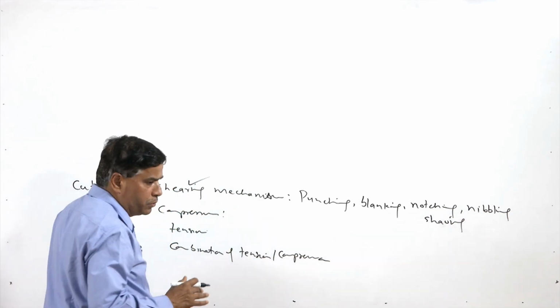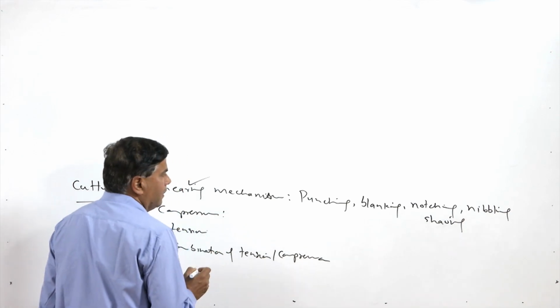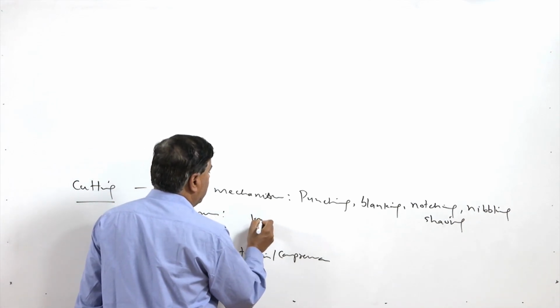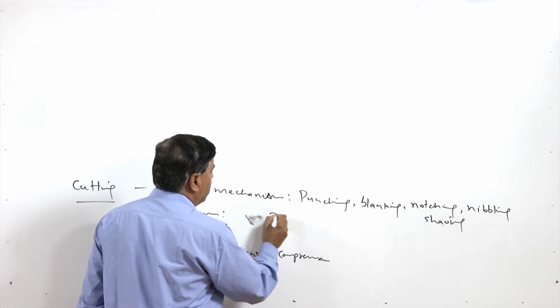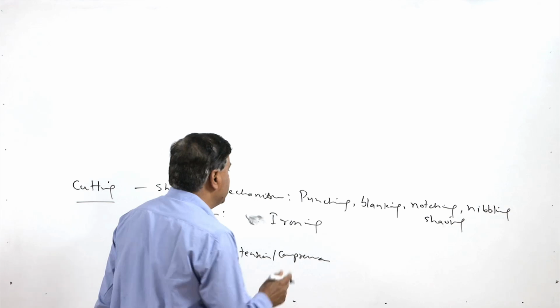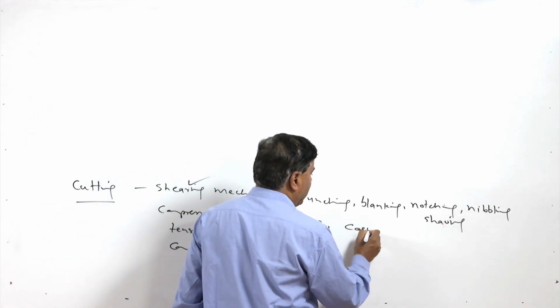Those operations where sheet metal is subjected to compressive stresses with the application of force include ironing. Ironing is the operation where sheet metal is thinned down, especially in the case of cup shaped products, and then coining.